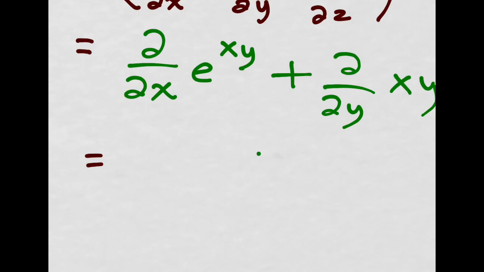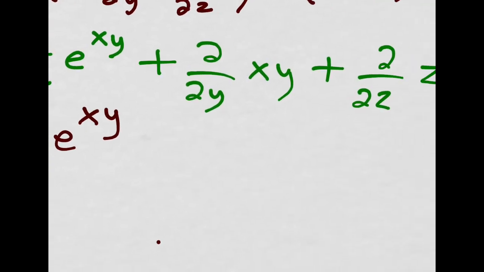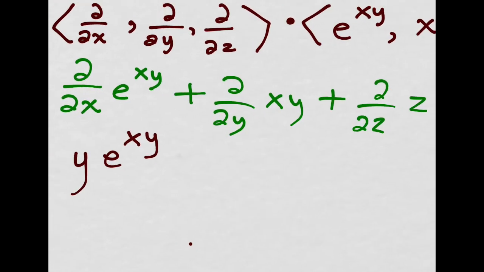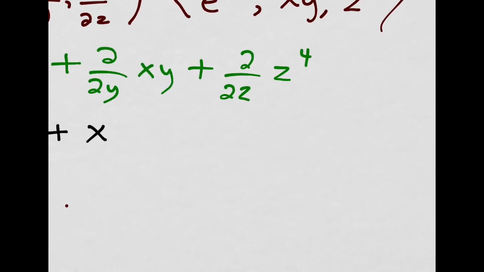So for the partial derivative of e to the xy, we treat y as a constant, so you would get y times e to the xy, bringing down that y, which is a constant, plus, x, in this case, is the constant, so we have calculated this partial derivative, and finally we use the power rule for z to the fourth.